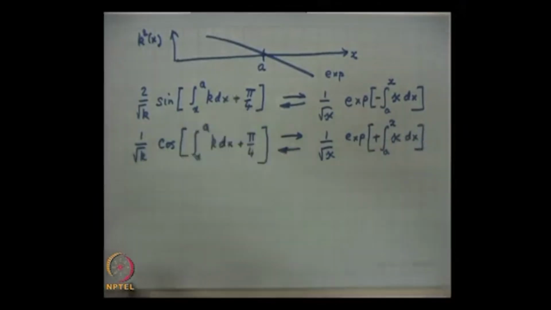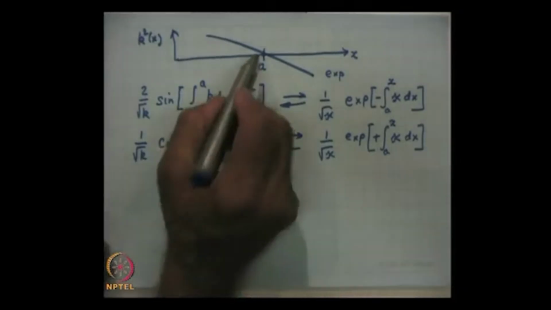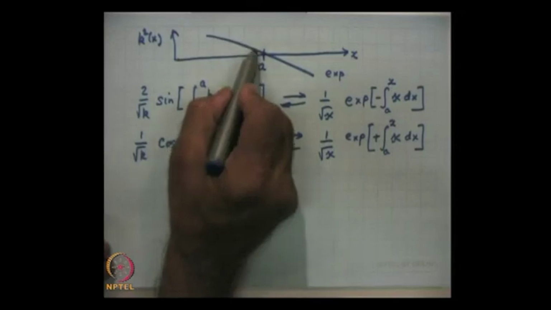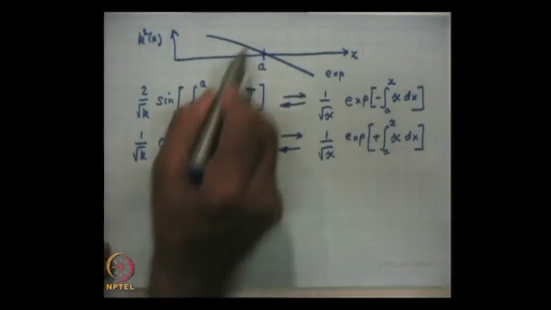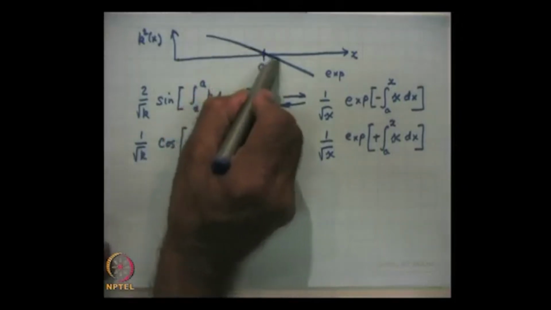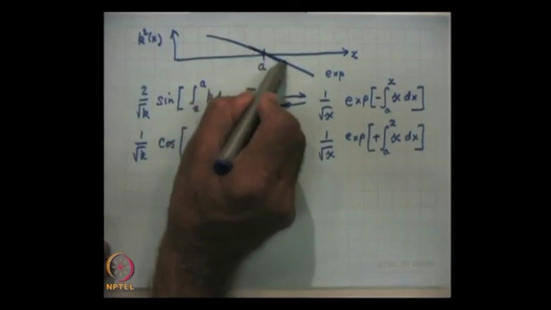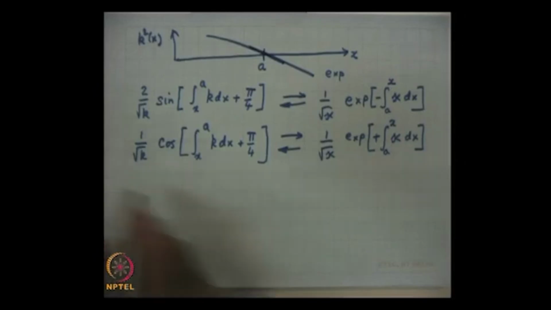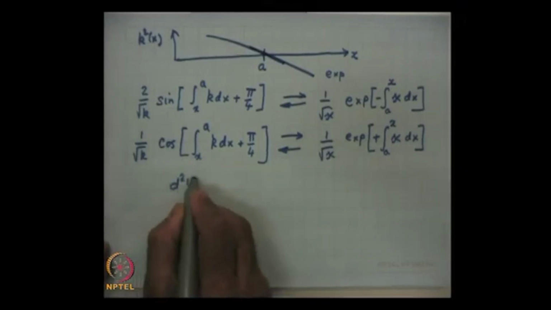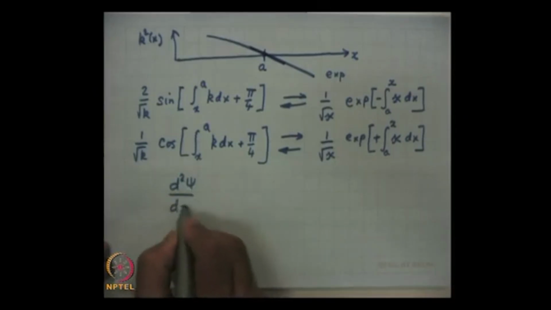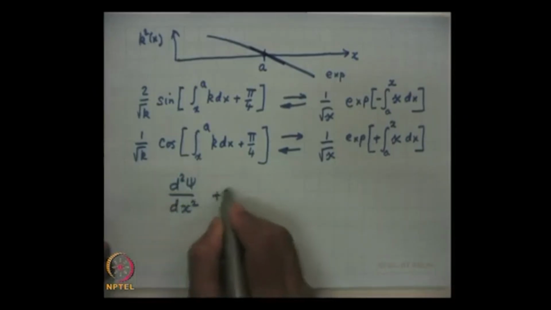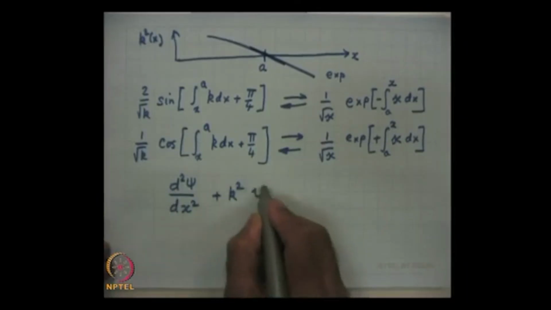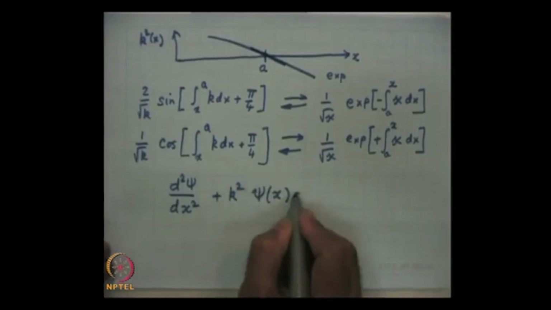Now, I want to justify this. Near the turning point, I can assume that the variation of k square of x is linear. So, the equation that we have been wanting to solve is d2 psi by dx square plus k square of x times psi of x is equal to 0.